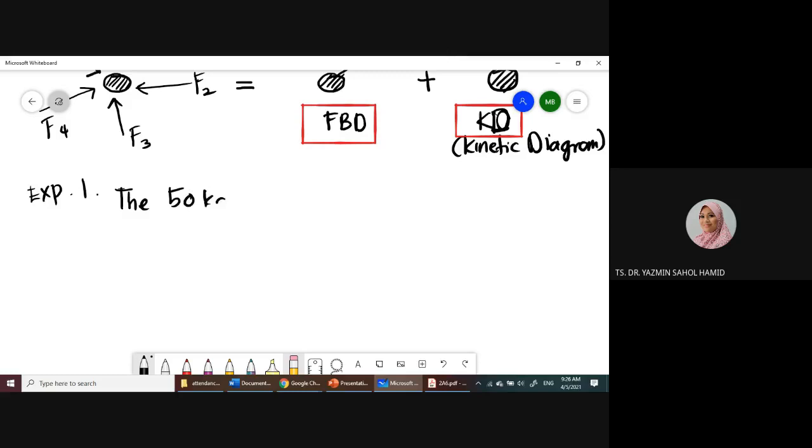The 50 kg crate. Are you copying, guys? Yes, madam.